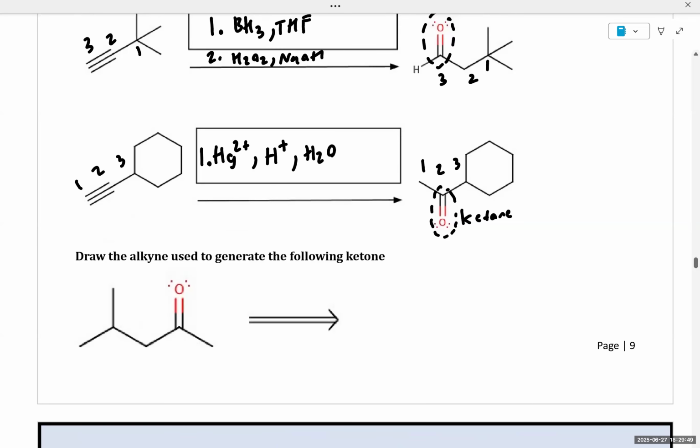The last thing we're going to talk about in the context of generating ketones and aldehydes from alkynes is an introduction to retrosynthesis. So in this case, I'd like you to draw the alkyne used to generate the following ketone. So pause the video, think a little bit about what alkyne we could use to make this ketone selectively, and then we'll discuss momentarily.